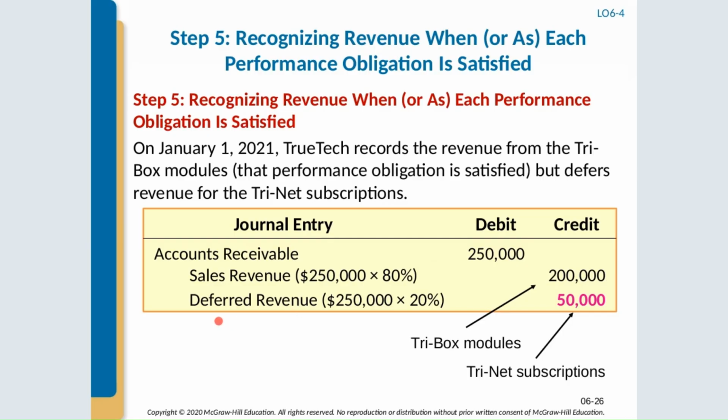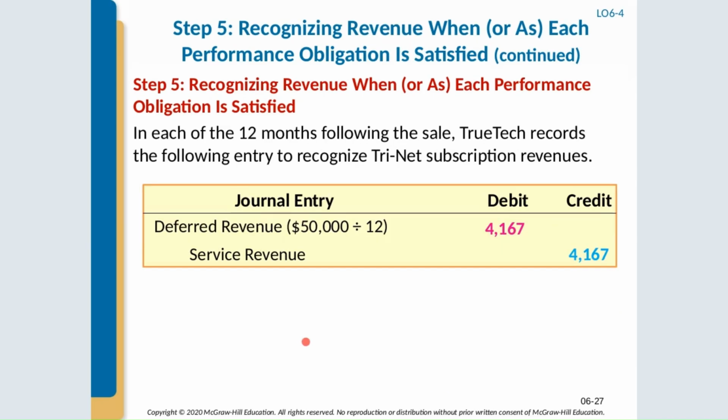And then the subscription is going to be our deferred revenue part, which we're going to have to recognize gradually every month or at the end of every month. Okay. So if we take 50,000, that was the allocation for the subscription, divided by 12, we're recognizing revenue at a rate of 4,167 per month.